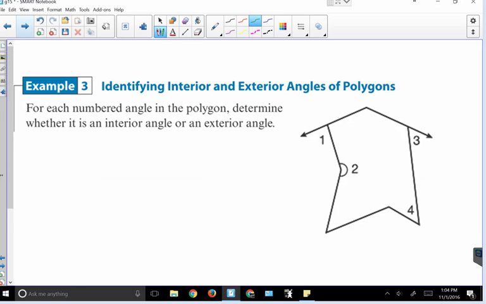So, 4 was on the interior, correct? What's 3? Exterior. And you're sure 2 is on the interior? Why? Just because I put the 2 inside doesn't mean that it's on the inside. The circle part is on the inside, therefore it's on the inside.